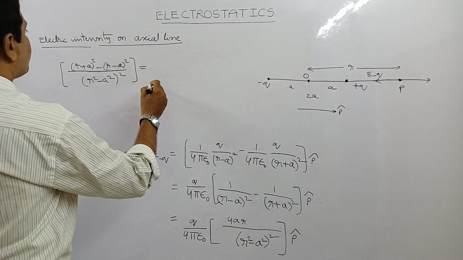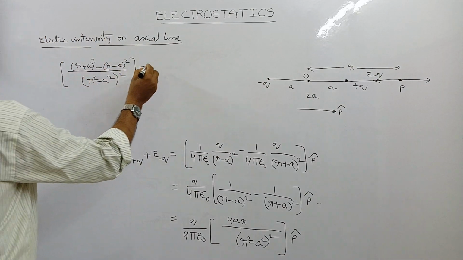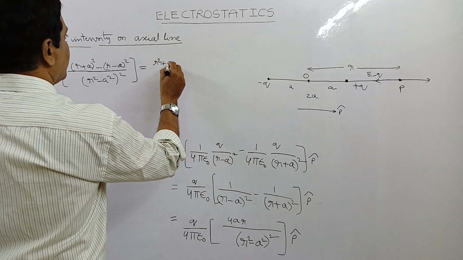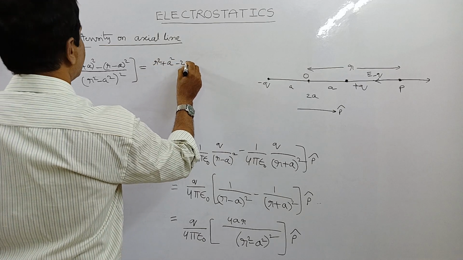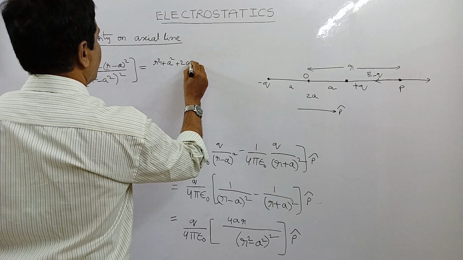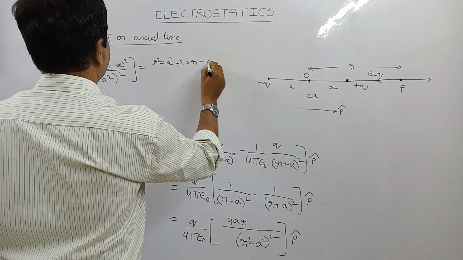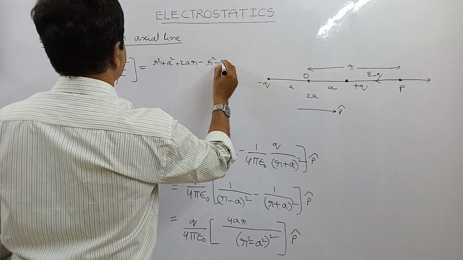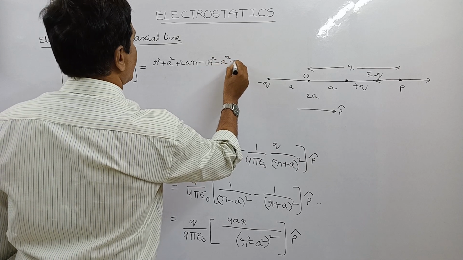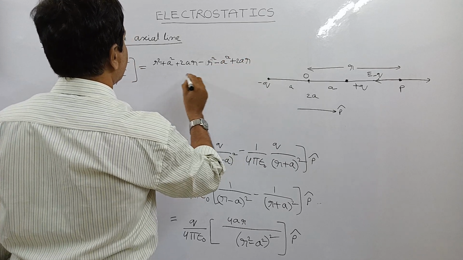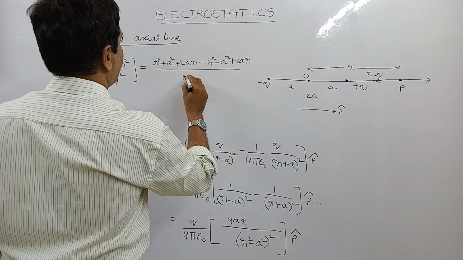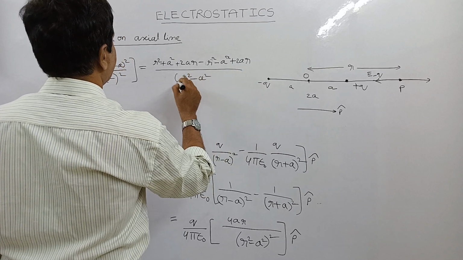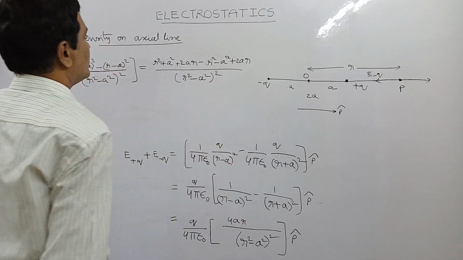Now what happens, r square plus a square plus 2ar, minus r square minus a square plus 2ar, by (r square minus a square) whole square.